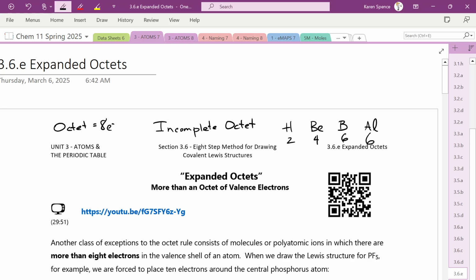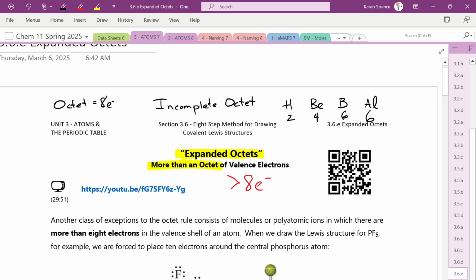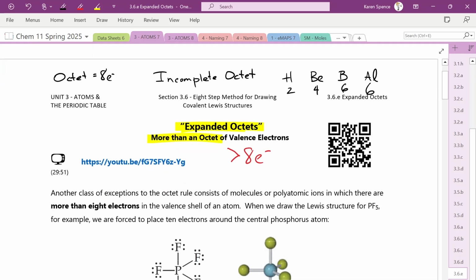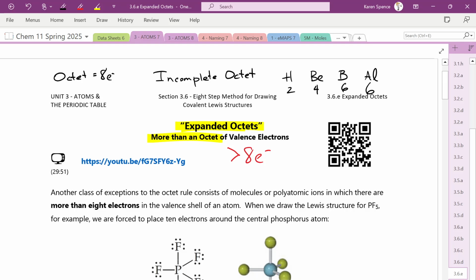6. Okay. Now we have expanded octets, which means more than 8. Okay? More than 8 electrons. This can only happen if you are in row 3 or lower on the periodic table.